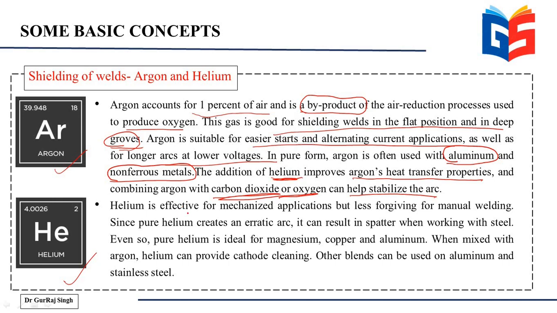Now coming to helium, it is effective for mechanized applications but less forgiving for manual welding. And the problem here is that helium creates an erratic arc, a very unstable arc. It can result in spatter when working with steel. Now, what is spatter?